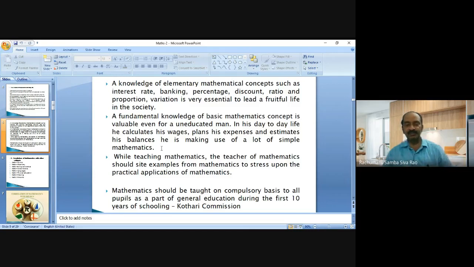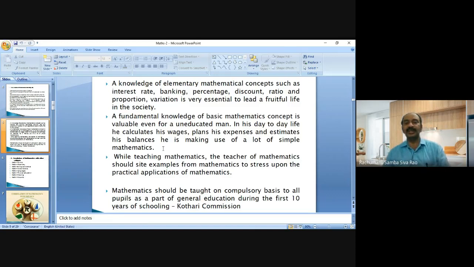After using some days, he sold that scooter for some amount of rupees. So definitely, while teaching profit and loss concepts, the teacher has to quote such examples to help the student understand the correlation between mathematics and the general life and the happenings of actual life.